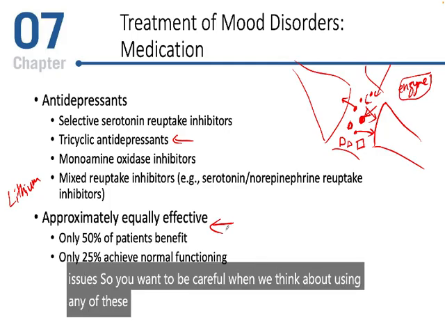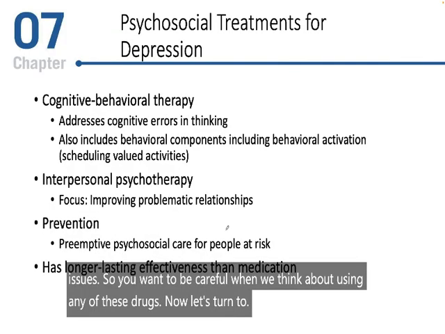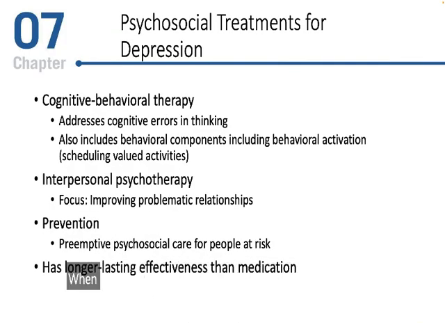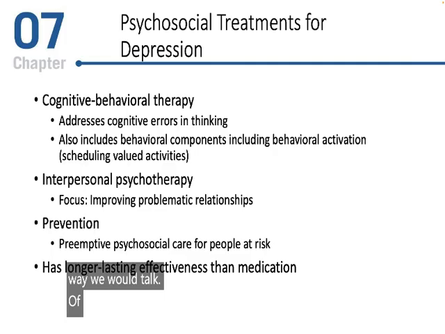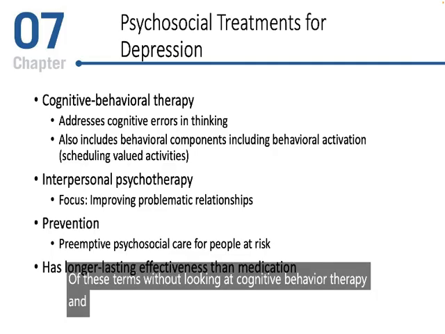Now let's turn to psychotherapy, my favorite. When we talk about depression and intervention, there is no way we would talk of these terms without looking at cognitive behavior therapy and interpersonal psychotherapy.